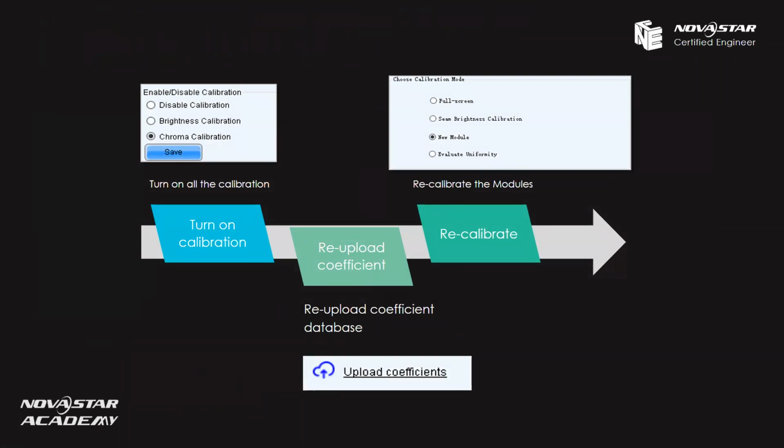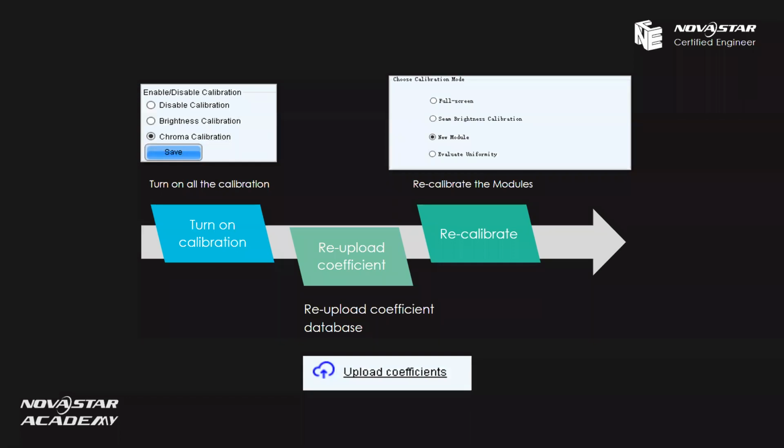First, we can manually enable the calibration again, make sure all cabinets already enable the calibration effect, and confirm the brightness keeps the same. Second, if some cabinets still have no calibration effect, it could be they lost the calibration coefficients.